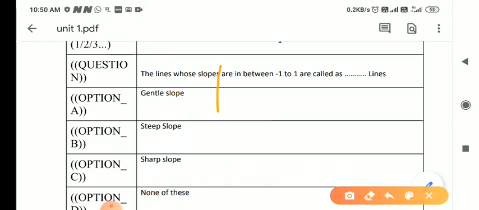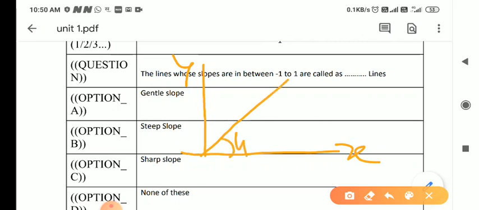So assume that this is the y-axis and this is the x-axis. If the line is making a 45-degree angle, and for example the values start with 0 and 10, these are x1 and x2, and suppose 0 and 10, y1 and y2.